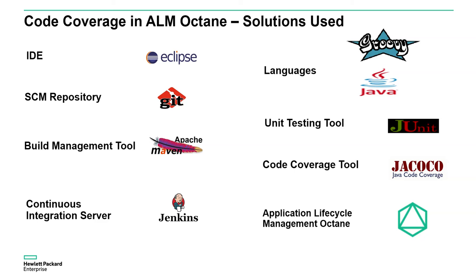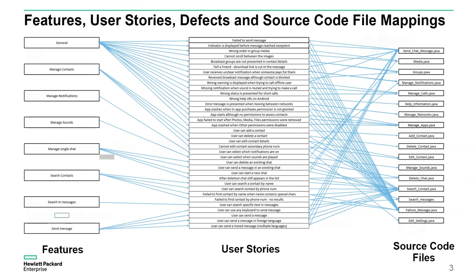We used Java for development, and then Groovy for parsing the Git logs and the Jacoco code coverage metrics, and then populating that data back into Octane using REST APIs. JUnit is used as the unit testing tool, and the code coverage tool is Jacoco. And finally, Application Lifecycle Management Octane is used here for viewing the results in Octane.